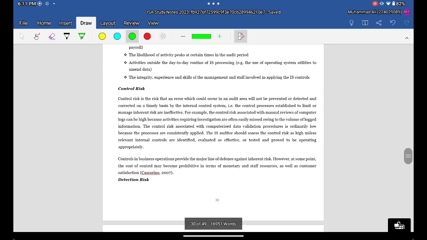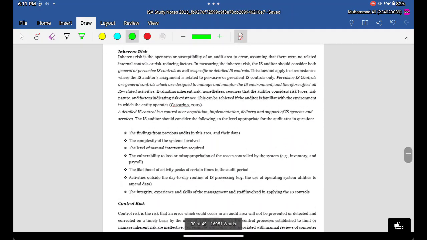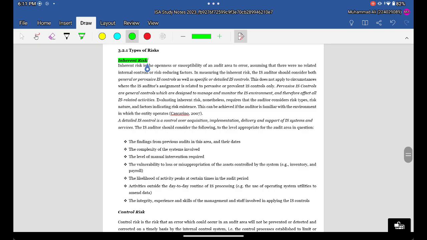Types of risk. Now there are three types of risks. Inherent risk. Inherent risks are risks that the business has without implementing controls. So let's say you're a new business and you have no knowledge of what its controls are. All the risks that you have in the business are called inherent risks.